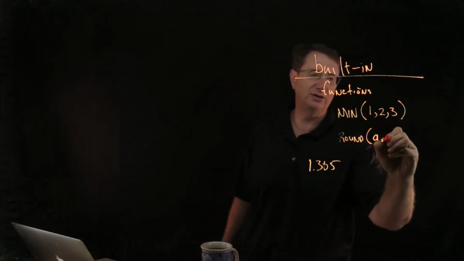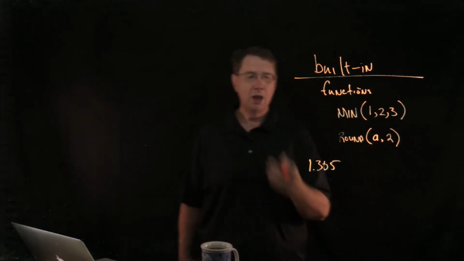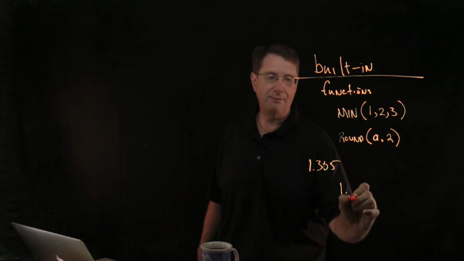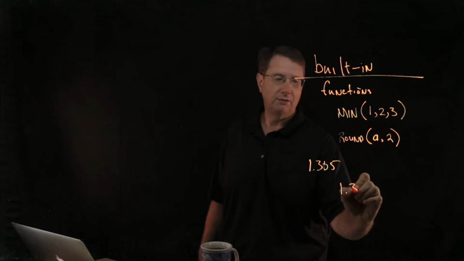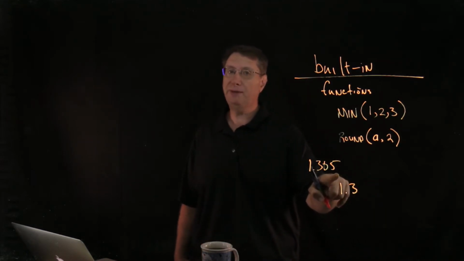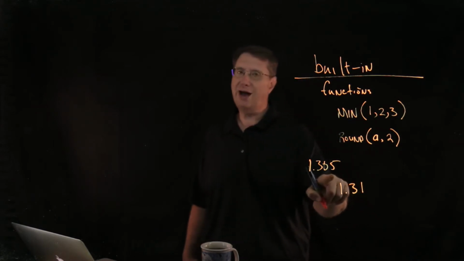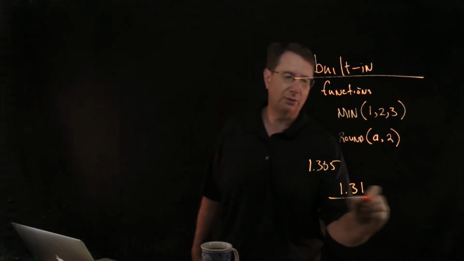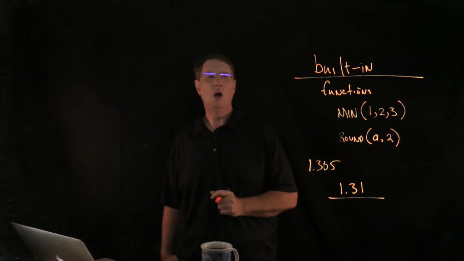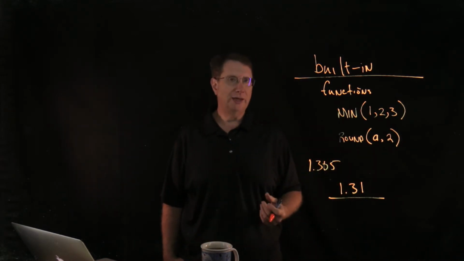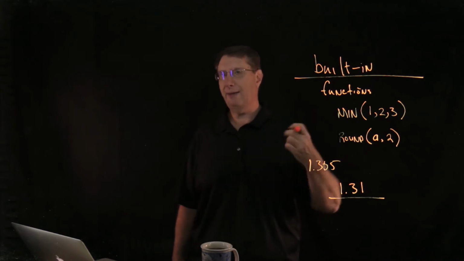If I say 2, the system will look at this and anything that's 5 or higher will be rounded up. So that should translate that number to 1.35.